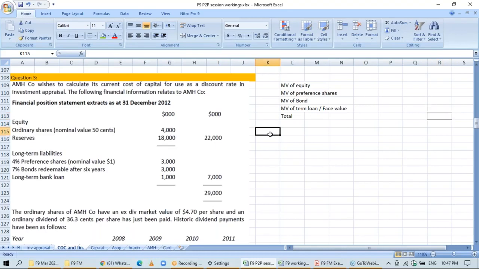The next step will be calculating the cost of equity, then the cost of preference shares, then the cost of bonds. First the market value of these 4 items and then the cost of these 4 items. Then the cost of long-term bank loan, right?